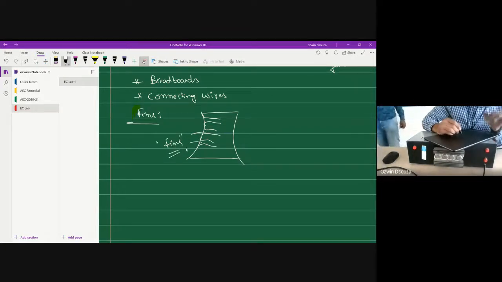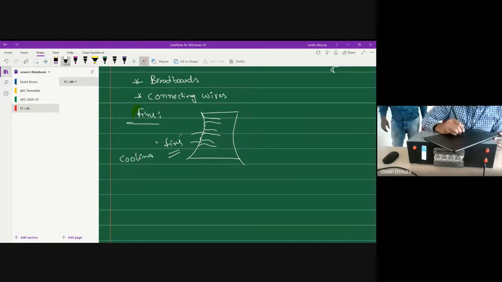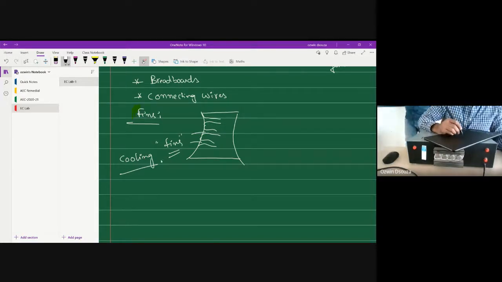Now these fins are provided for cooling because a bike consists of an internal combustion engine. During the conversion of energy, a tremendous amount of heat is generated, and you need to cool down the engine.